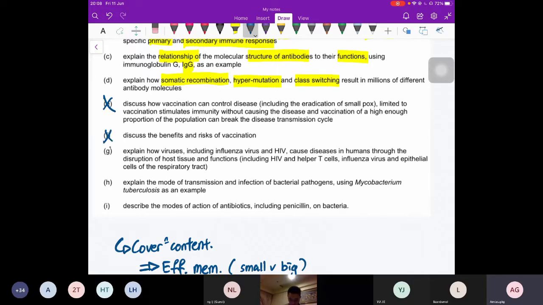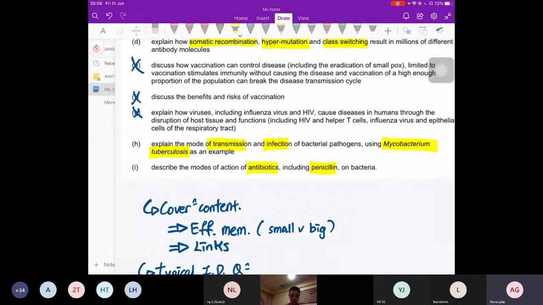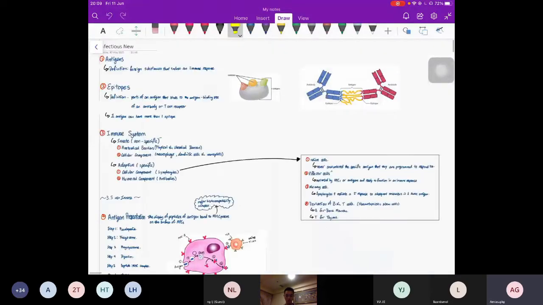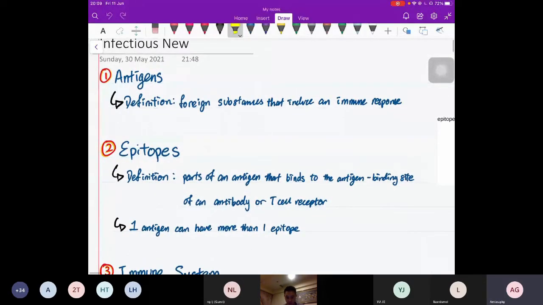We're also not going to be talking about influenza and HIV because your school should have covered that under viruses. We're going to talk about TB, Mycobacterium tuberculosis, how it is transmitted and how it infects your body. We're also going to talk about antibiotics, and we're going to focus on penicillin because that's the focus of your syllabus. Okay, so we'll start with these things called antigens and epitopes.